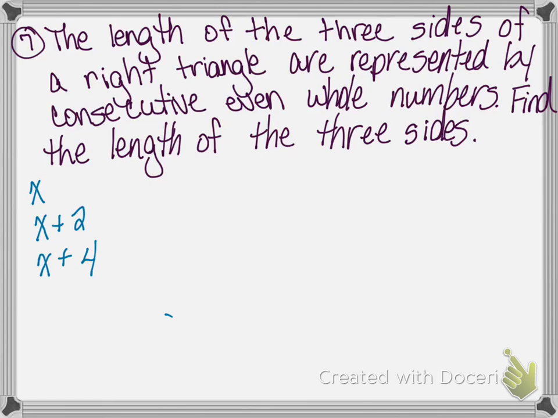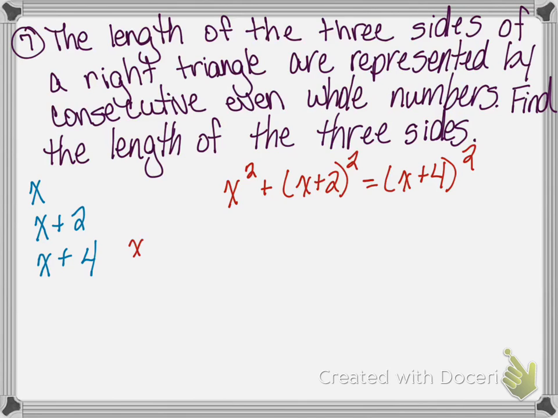So I'm going to have x squared plus x plus 2 squared, we have to FOIL that, equals x plus 4 squared. So I've got x plus 2 times x plus 2. X times x is x squared.